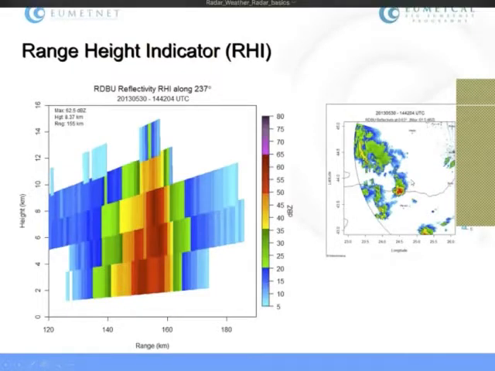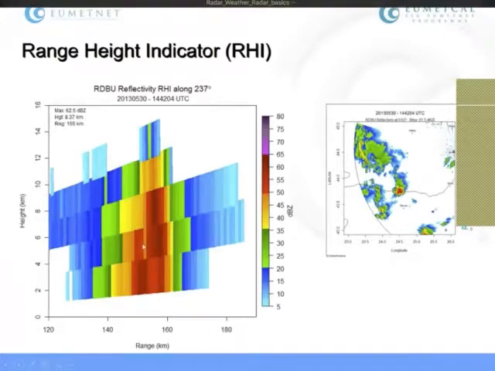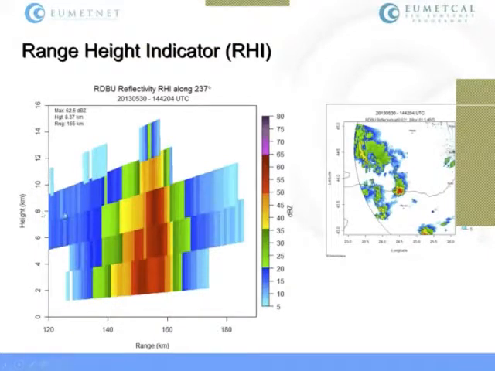If you do a cross section, you would have this display on the left. For example, between 120 and 180 or 200 kilometers you would have information, and you can see how the values are distributed over the vertical. So you can also assess the height. Let's say you have very big values at a height of, say, 8 kilometers.